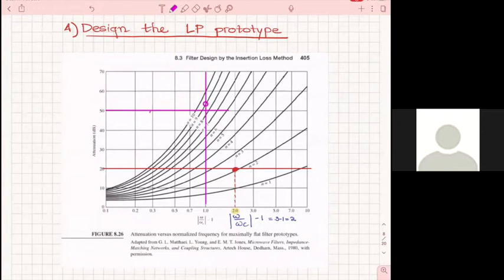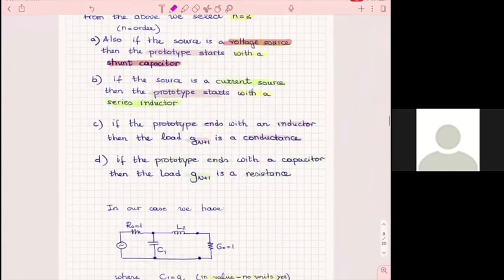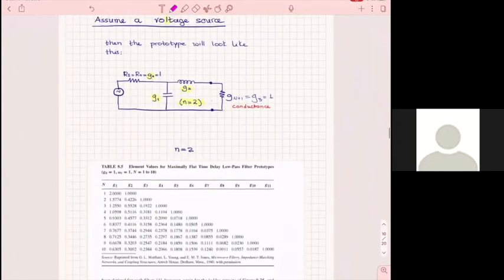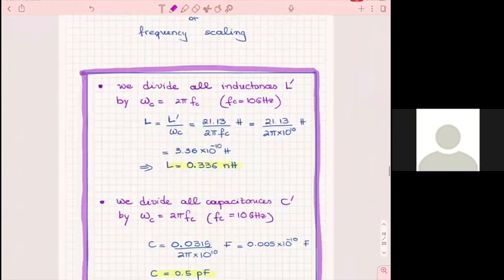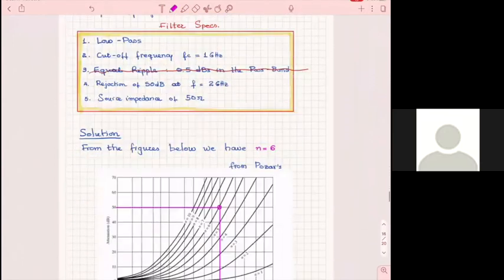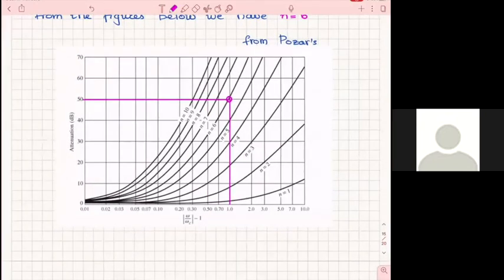I will need 9 stages in this filter. However, since nobody has told you whether it has to be maximally flat or equal ripple, if I go down to the equal ripple graph, which is right here, and look at exactly the same requirements, how many sections do I need? 6. Instead of 9, I will have 6.